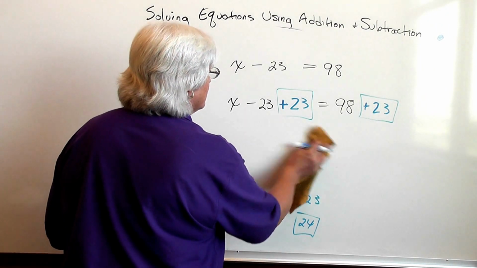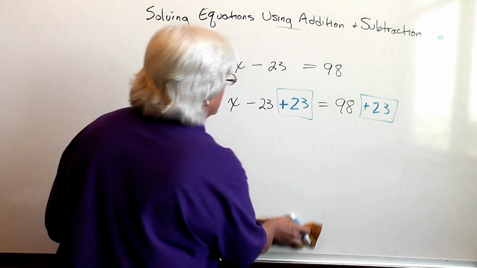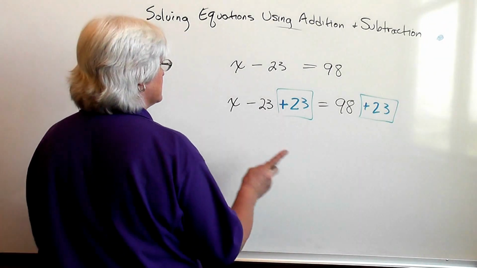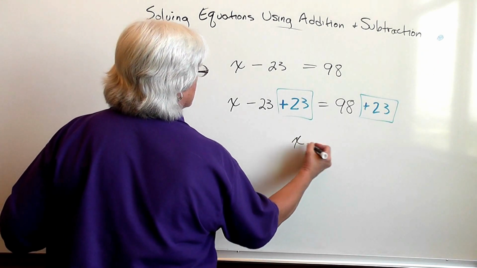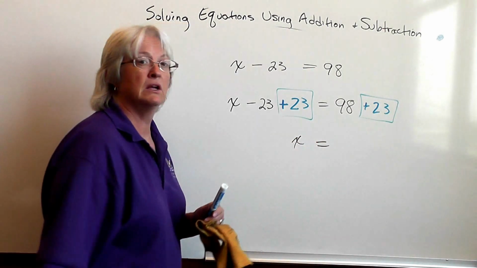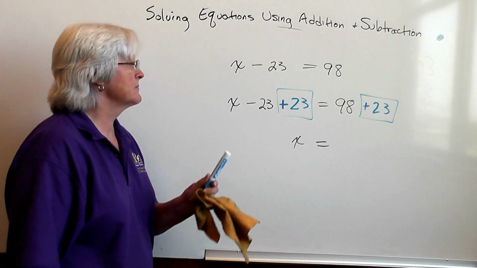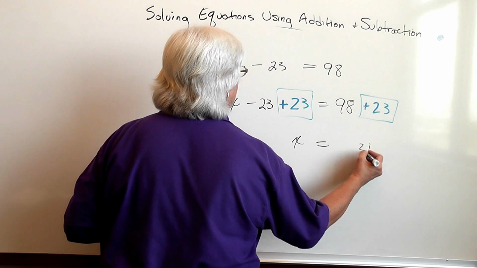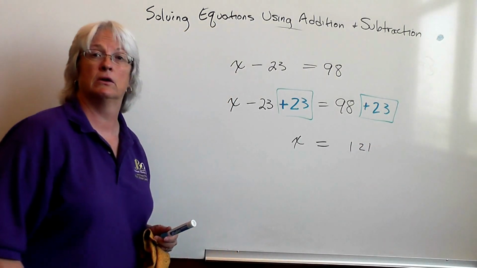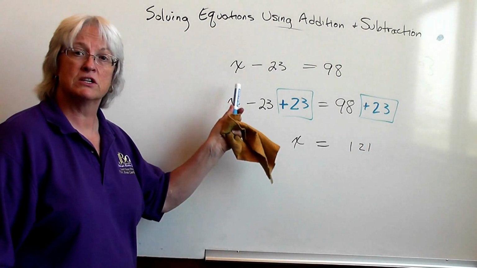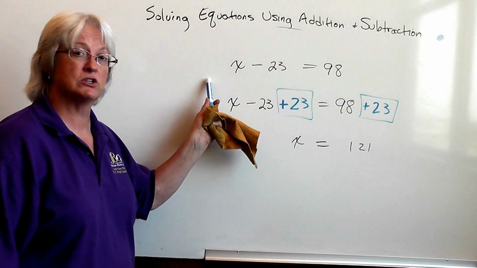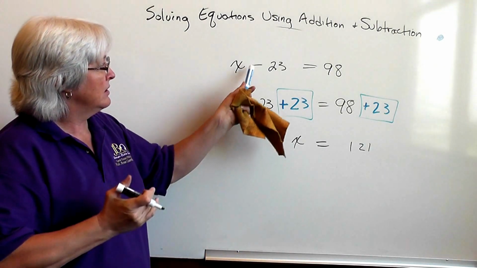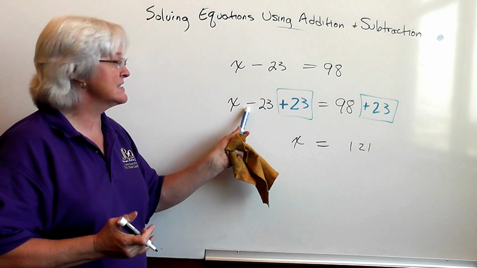So what you have here, x minus 23 plus 23, all we have on the left-hand side of the equation is x is equal to 98 plus 23. What's 98 plus 23? Well, it is 121.